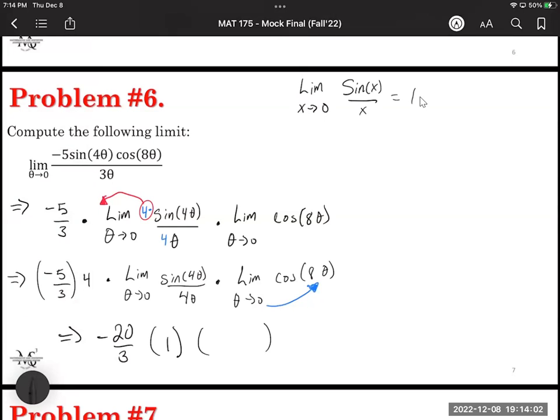But cosine of 0 is equal to what? 1. That's right. So you get negative 20 over 3 times 1, which is negative 20 over 3. There you go. Final answer.